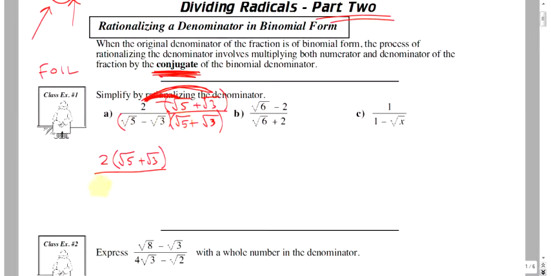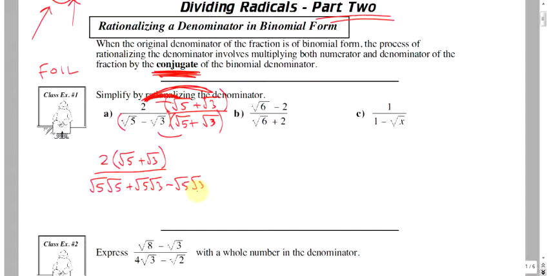First, root 5 times root 5. I'm going to write the whole thing out, okay? Outside, plus root 5 times root 3. Okay? Inside, I want these in the same order. So you could go root 3, root 5, but because this is root 5, root 3, I'm going to go minus root 5, root 3.